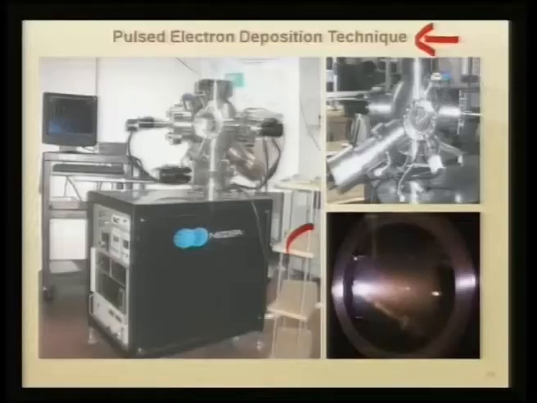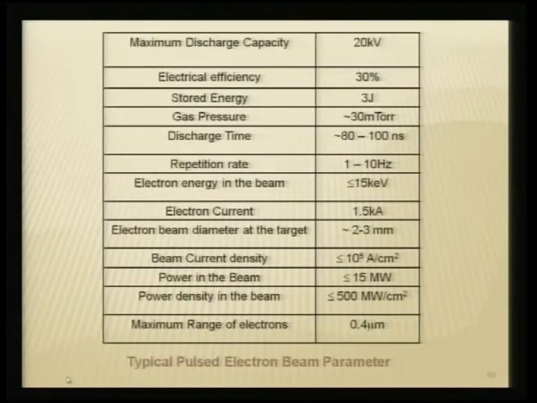Here you are actually trying to house your zinc oxide pellet, and you are trying to ablate this pellet with a pulsed electron beam. Now you can make zinc oxide films, and these are the typical PED parameters that one can look for.